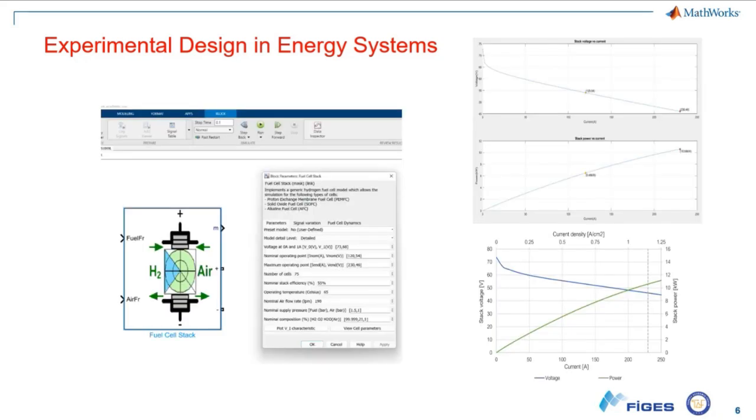This is the third project of the experimental design study. They are using the fuel cell stack of MATLAB. They are using the ready block of the fuel cell. And again, our aim is to use the real data of a real system, real fuel cell, real panel, to enter into the MATLAB tool, and to compare the simulation results with the real results.